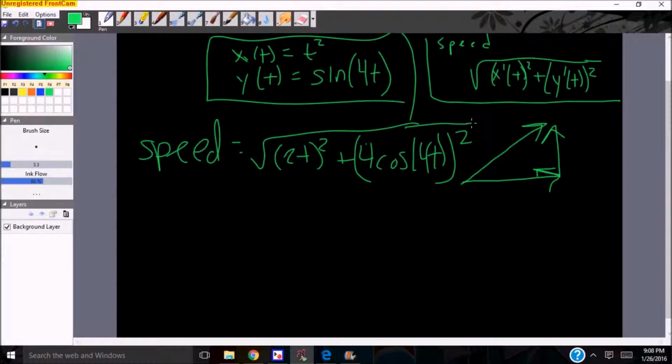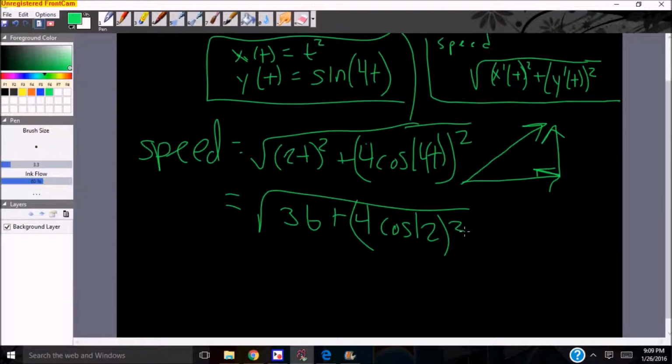So that's the equation we would use to find the speed. To get the actual speed, we plug in 3 for time: 2 times 3 is 6, squared is 36, plus 4 cosine 12, all squared.